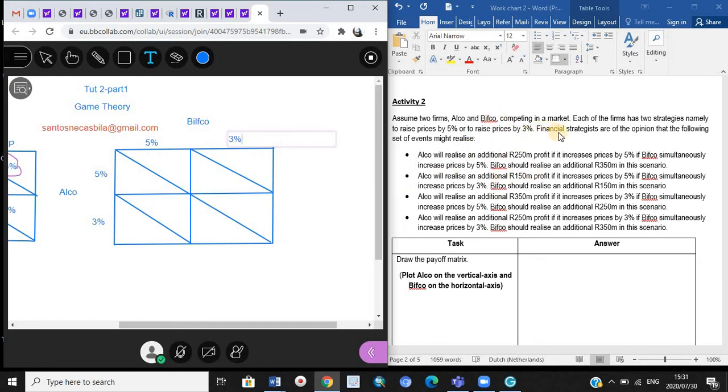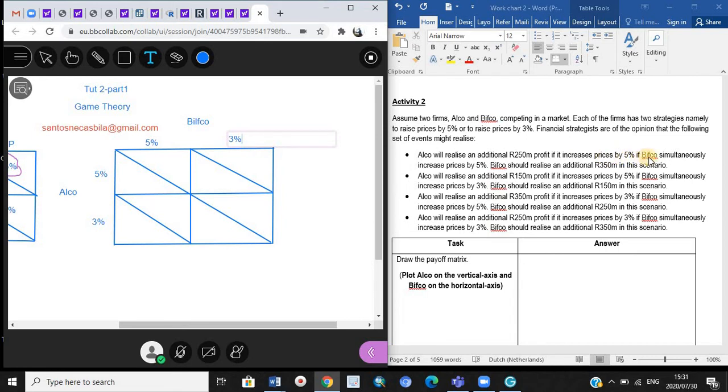Financial strategists are of the opinion that the following set of events might realize. Alco will realize an additional 250 million rand profit if it increases price by 5%.